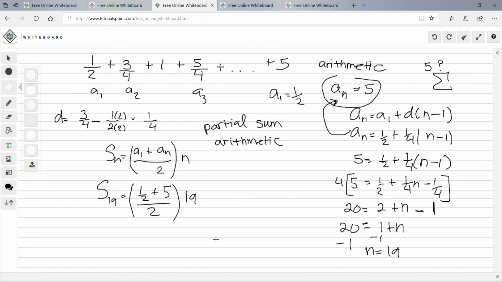When you do all the work, S of 19, the sum of this summation, is 52.25. Yeah, so this is your final answer. When you do the work, you're going to get S of 19 equals 52.25.